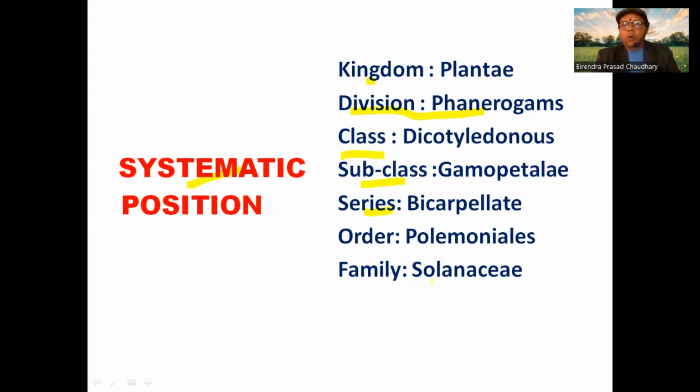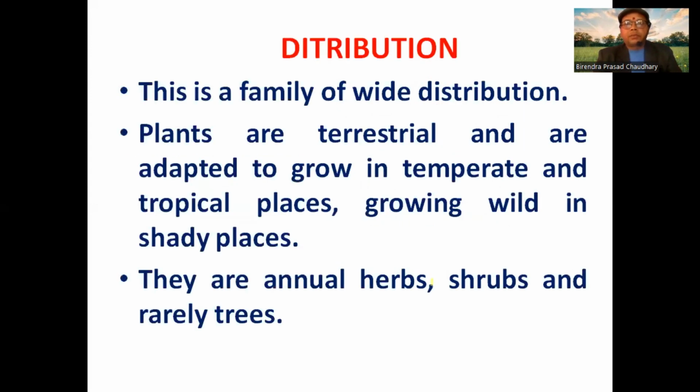In this way, we have to study the systematic position of this family Solanaceae. Next is distribution. This family has a wide distribution, it is also cosmopolitan. They are distributed in most parts of the world, generally found in temperate, tropical and subtropical regions. The plants are terrestrial.